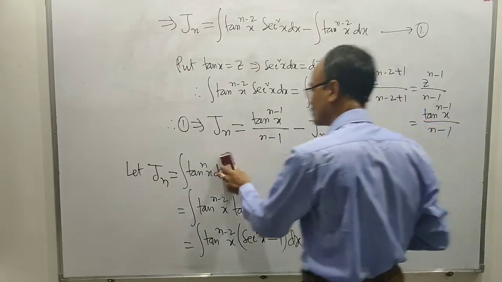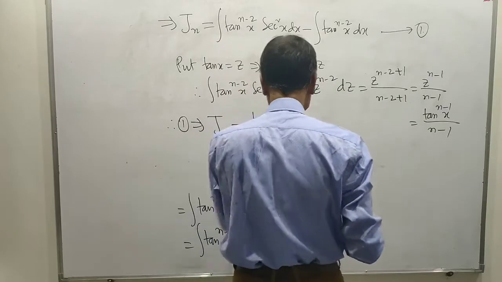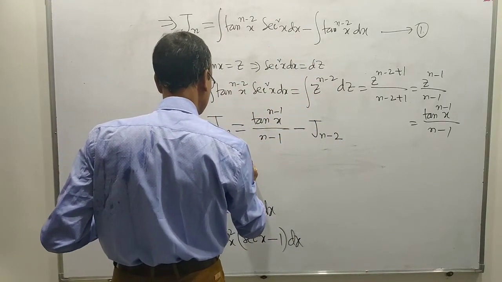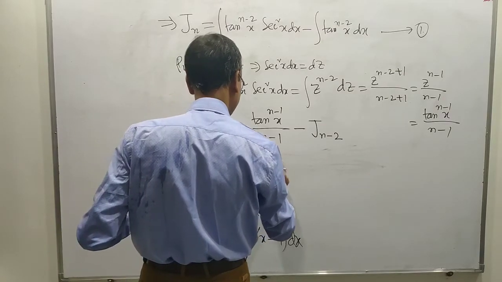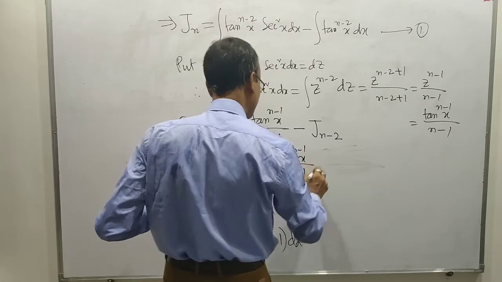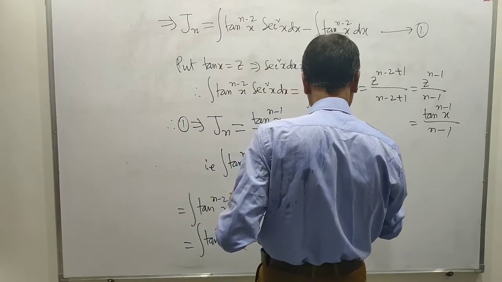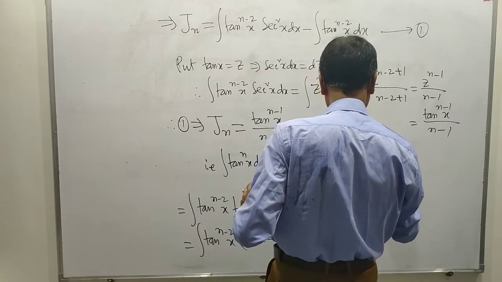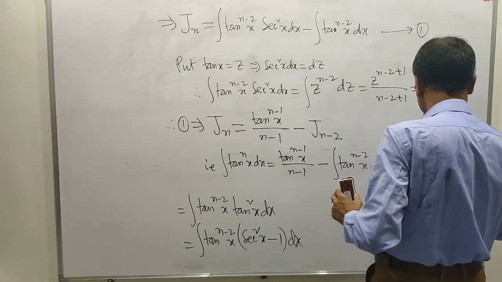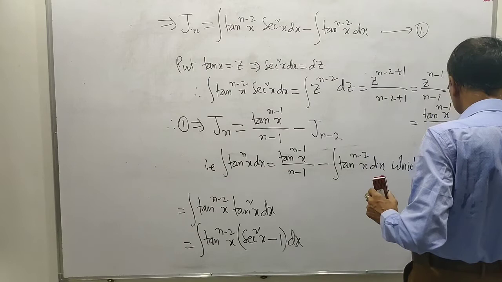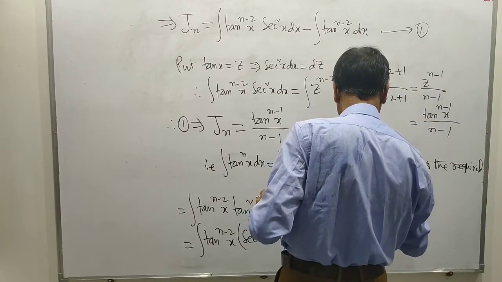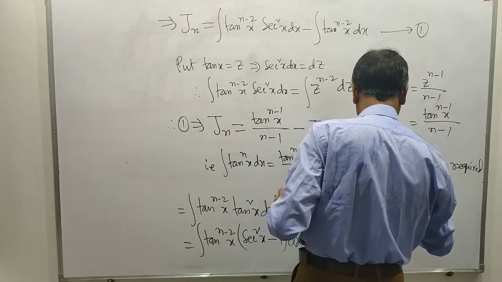You may write like this also: integration tan to the power nx dx equal to tan to the power n minus 1x divided by n minus 1 minus integration tan to the power n minus 2x dx, which is the required reduction formula.